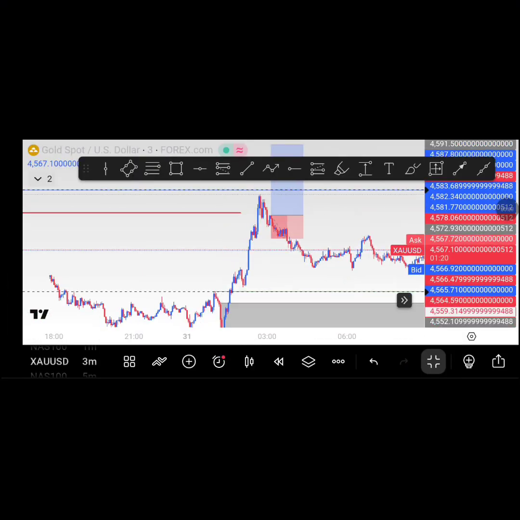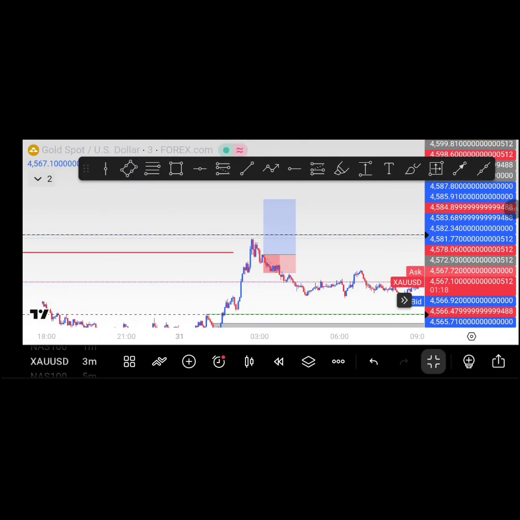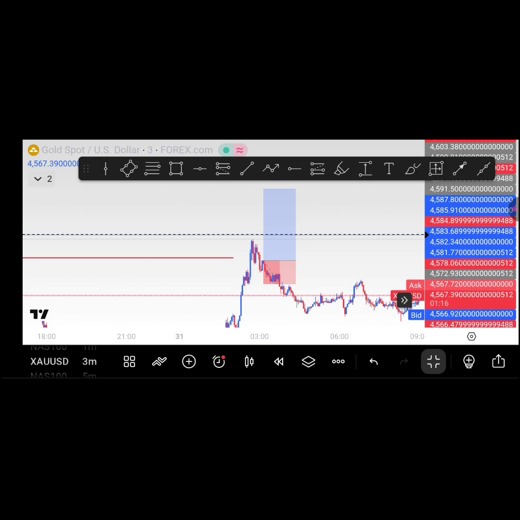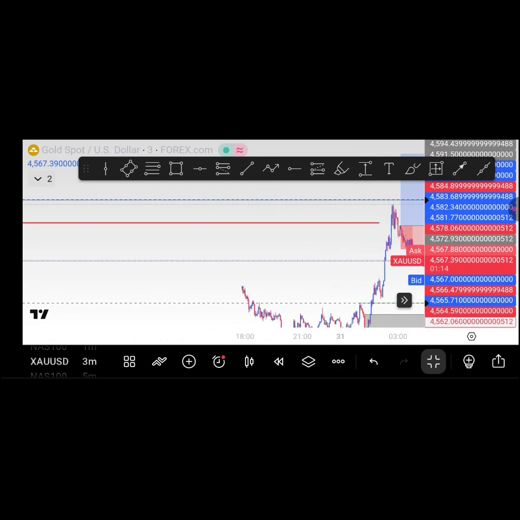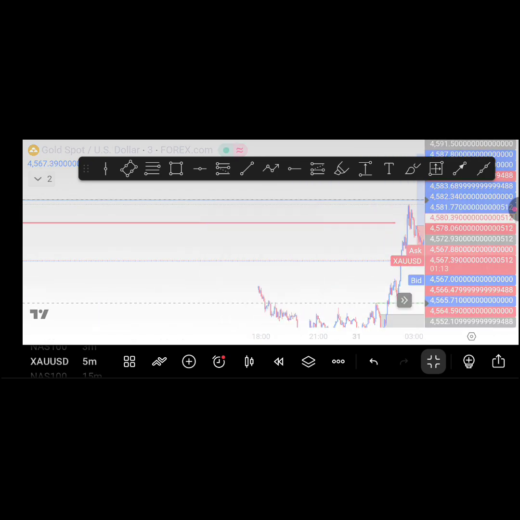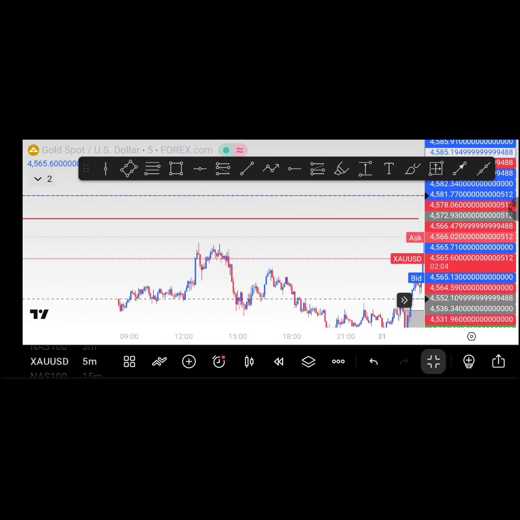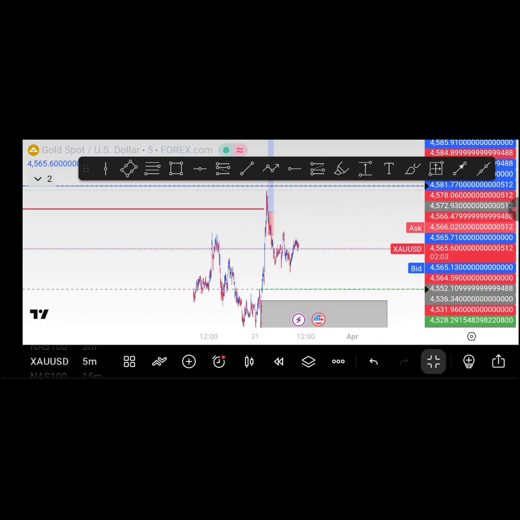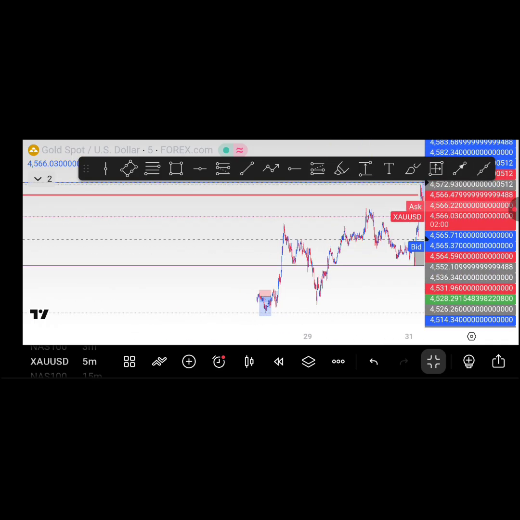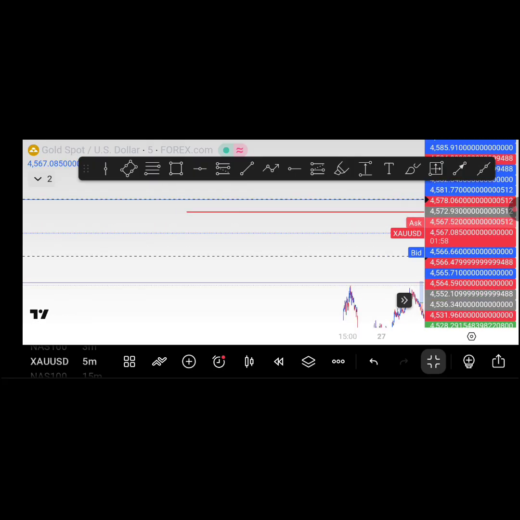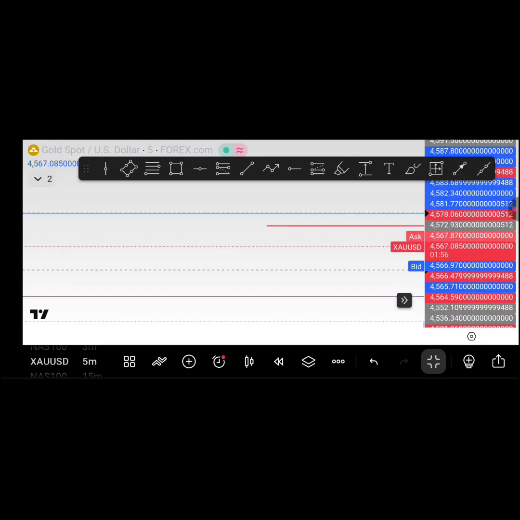I'll show you what it looks like on the chart. So as you can see, this is the loss I took on the 10k, a breakout block entry on the 5-minute time frame. I entered it, although I saw an A-plus setup.